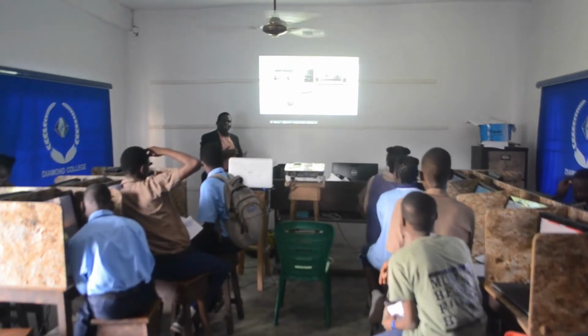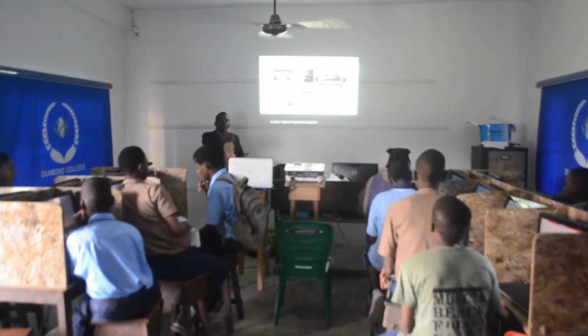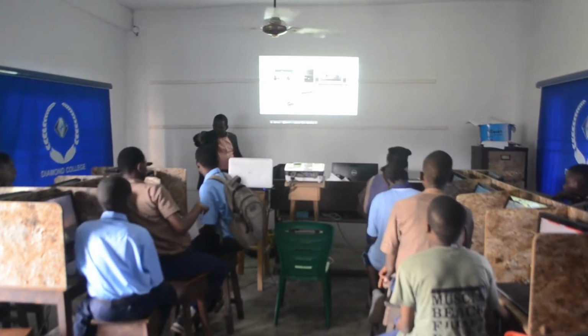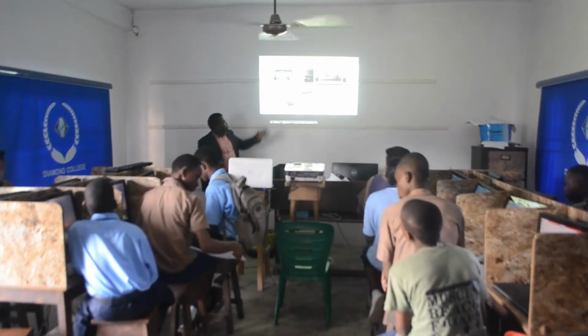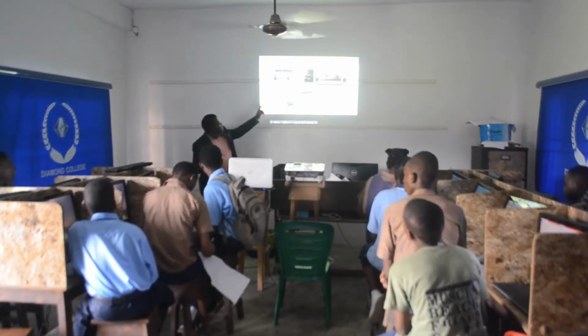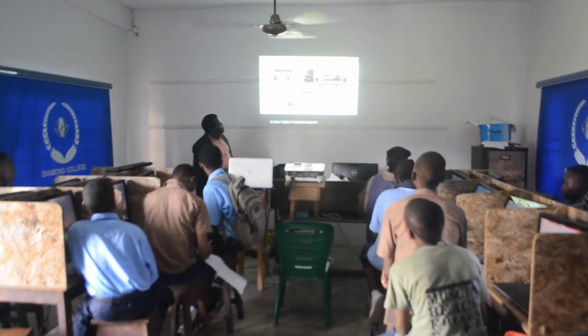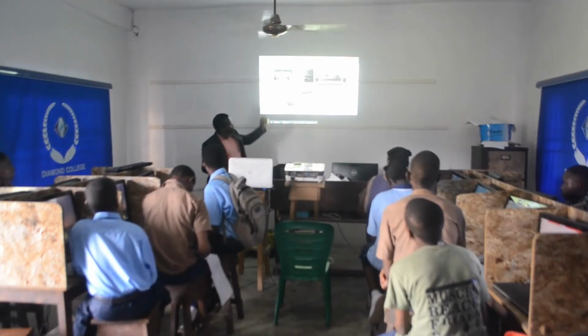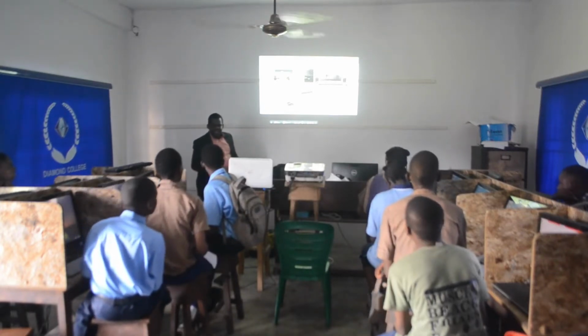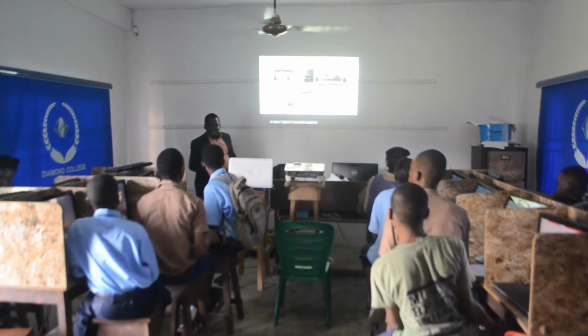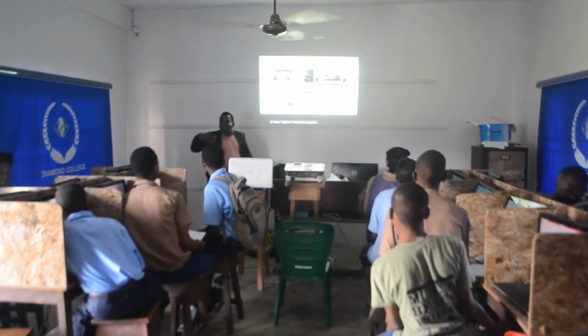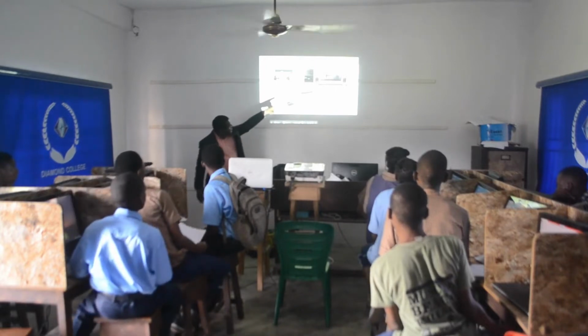Some of you mistakenly call it CPU. It's not CPU. CPU is only part of that system unit, which you can see here. So this is the system unit, the system box. The next one is what? What kind of monitor is it? This thing has a name.